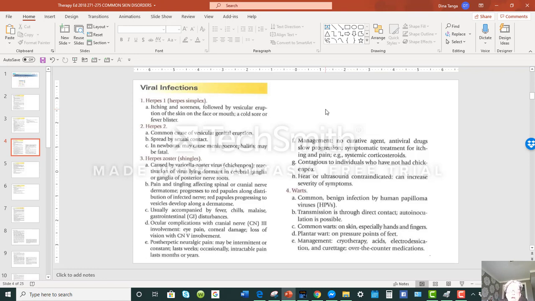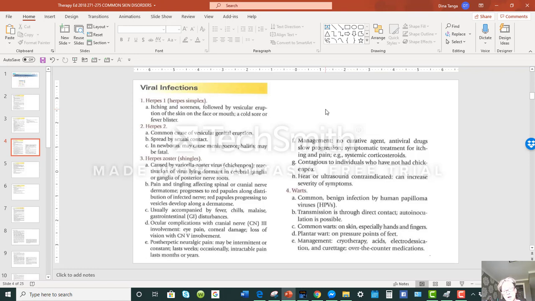Management: no curative agent, antiviral drugs, slow progression, symptomatic treatment for itching and pain, symptomatic corticosteroids. Contagious to individuals who have not had the chickenpox. Heat or ultrasound contraindicated. Can increase severity of symptoms.